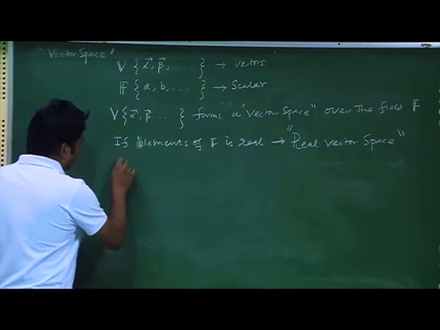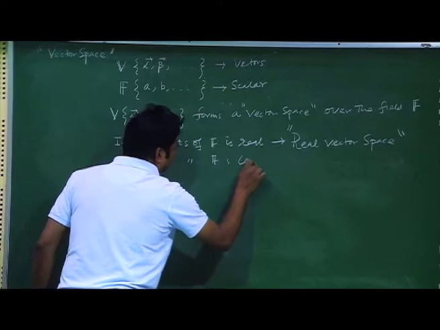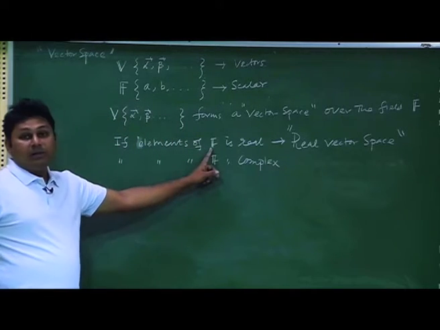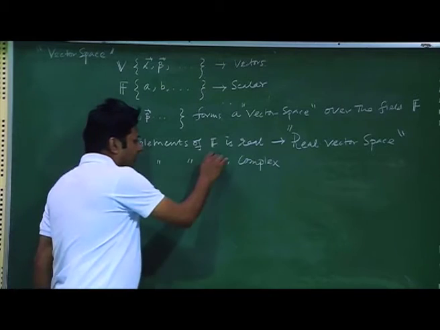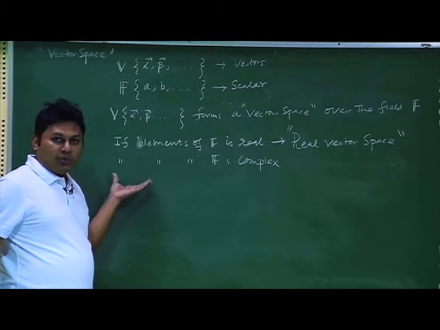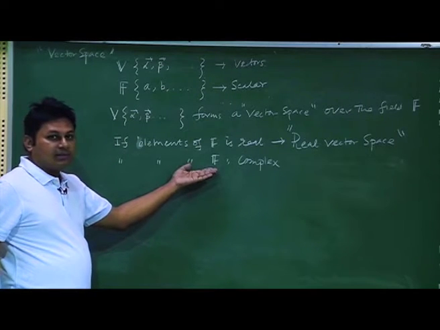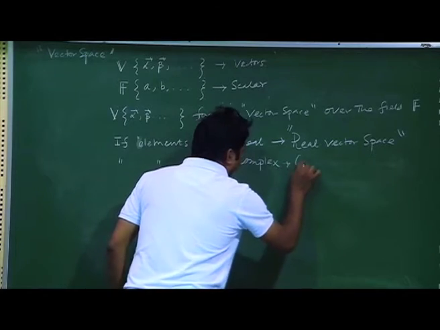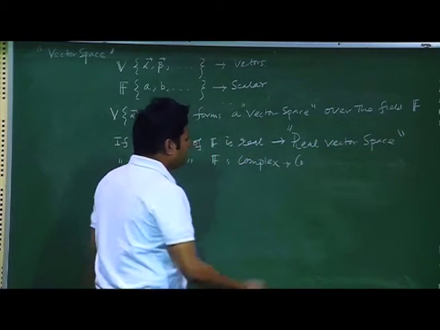Now if the elements of F are complex, we have already seen that the field can be formed by real quantity and also complex quantity. If the components of this field are complex, then we can say the vector space that is formed over the field F is a complex vector space.